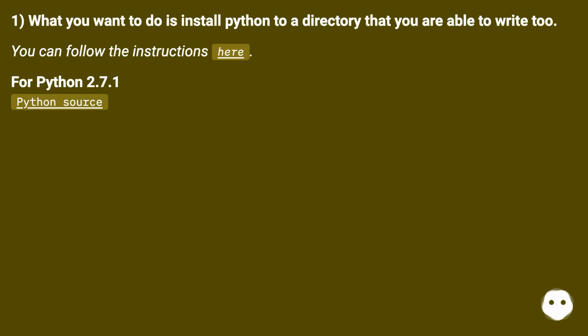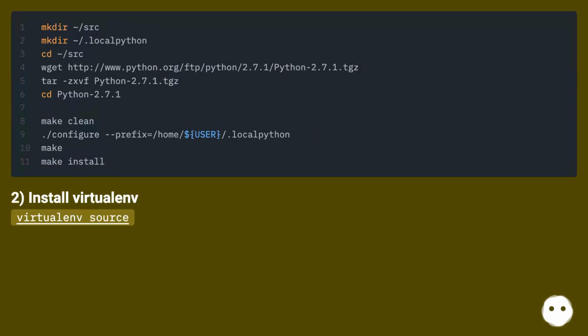You can follow the instructions here for Python 2.7.1, Python source. Two, install Virtualenv. Virtualenv source.